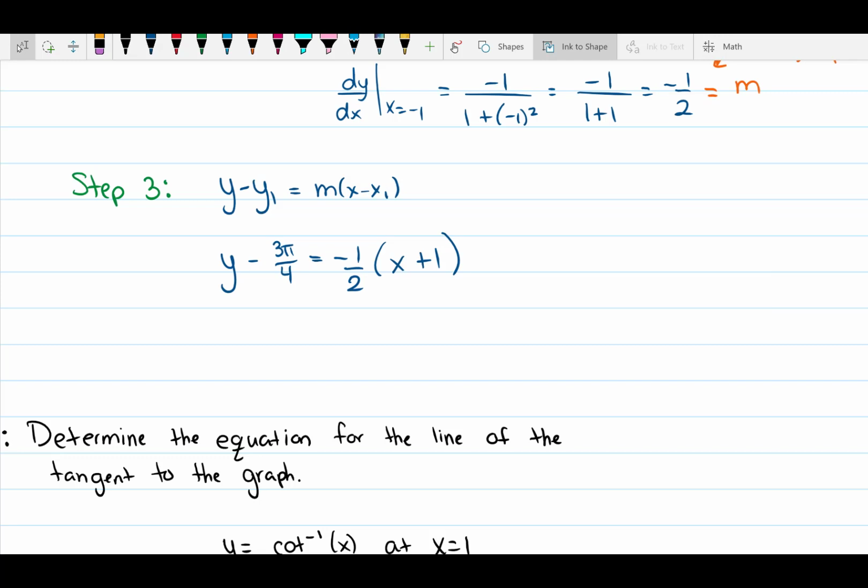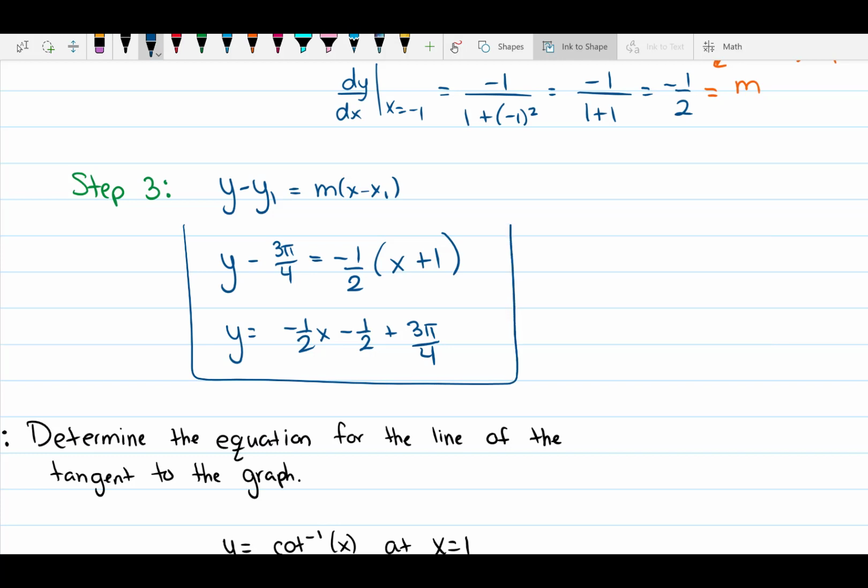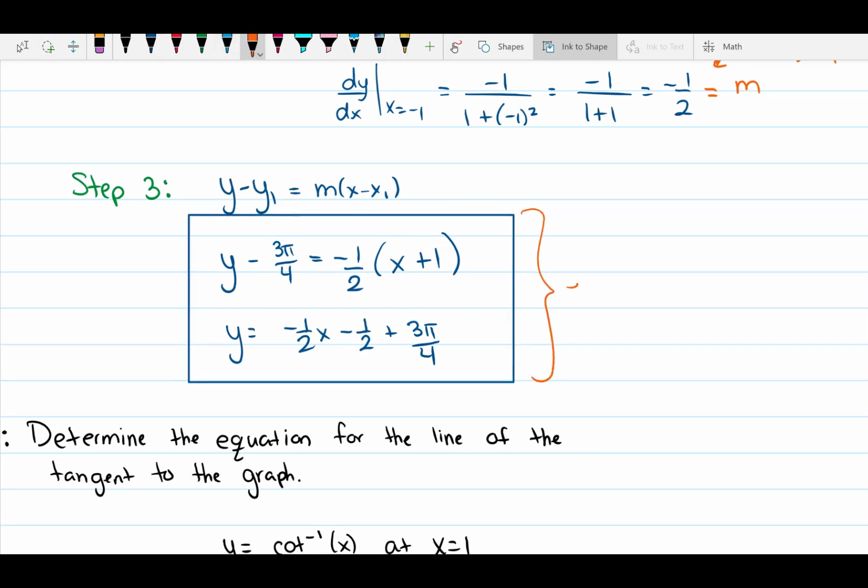Now you can actually stop here, but I know a lot of us like to keep working, so it's y equals negative 1/2 x minus 1/2 plus 3 pi over 4. Either one of these answers is okay.